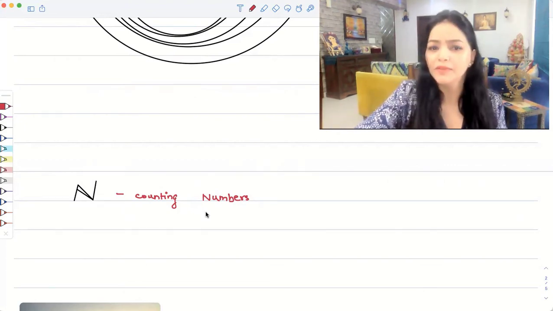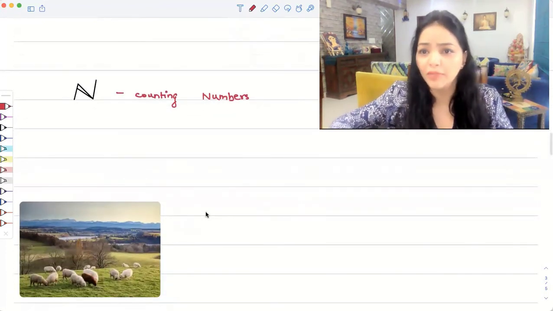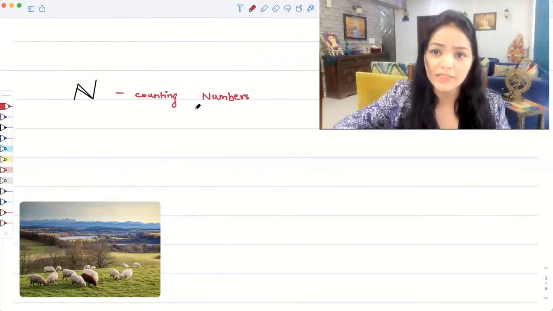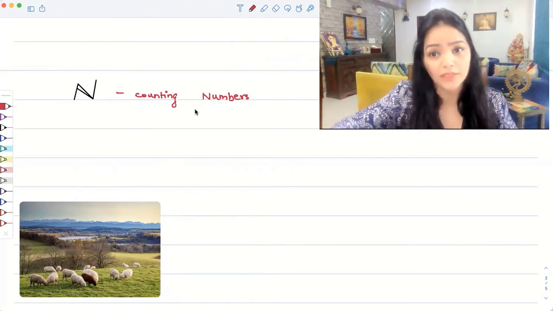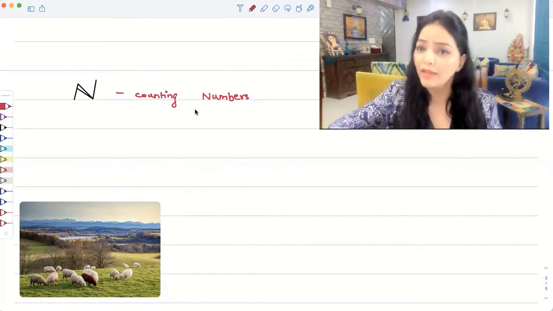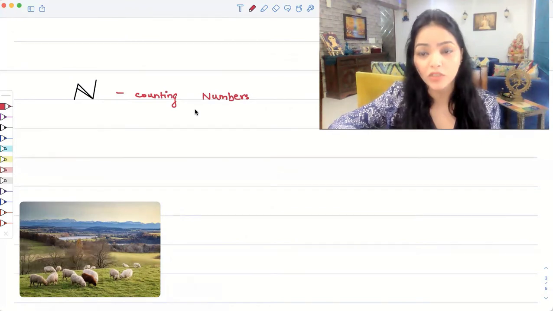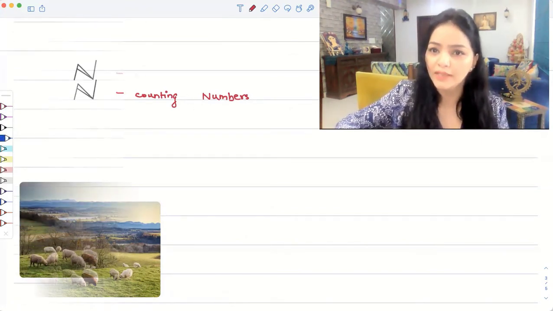For example, suppose there's a farmer who's got some sheep and he has to take them out for grazing every single day. When he's taking his sheep out, he must be counting that he's got this many sheep. And when he's coming back, he would definitely count so that he does not miss any of the sheep, right? So counting is an essential part of our lives.